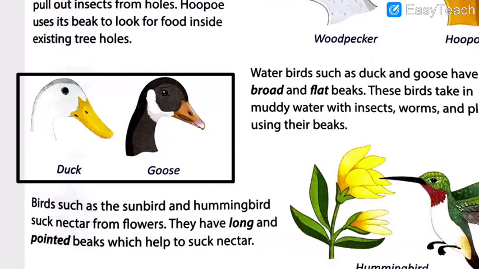And then we saw water birds like goose and duck. They don't have pointed or very long or very short beaks. They just have flat and very broad beaks, with the help of which they can catch the maximum amount of muddy water, in which they can get worms, insects or plants to eat.